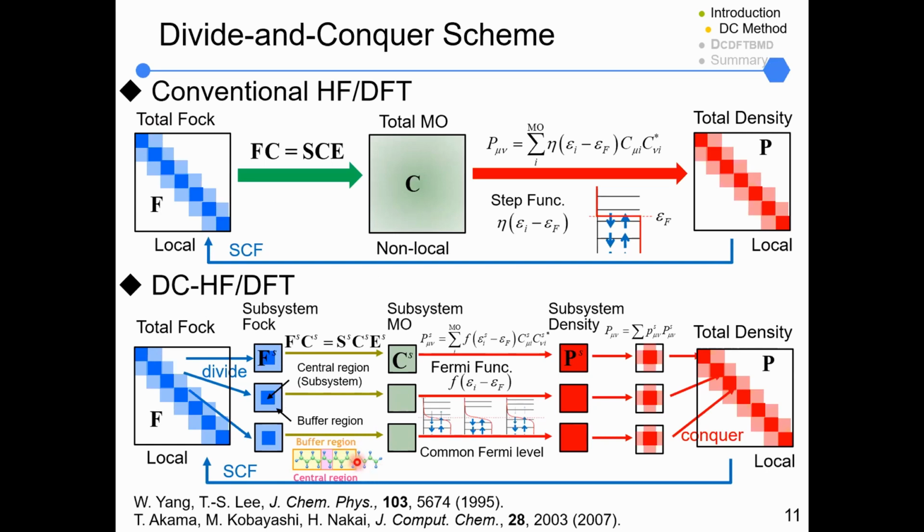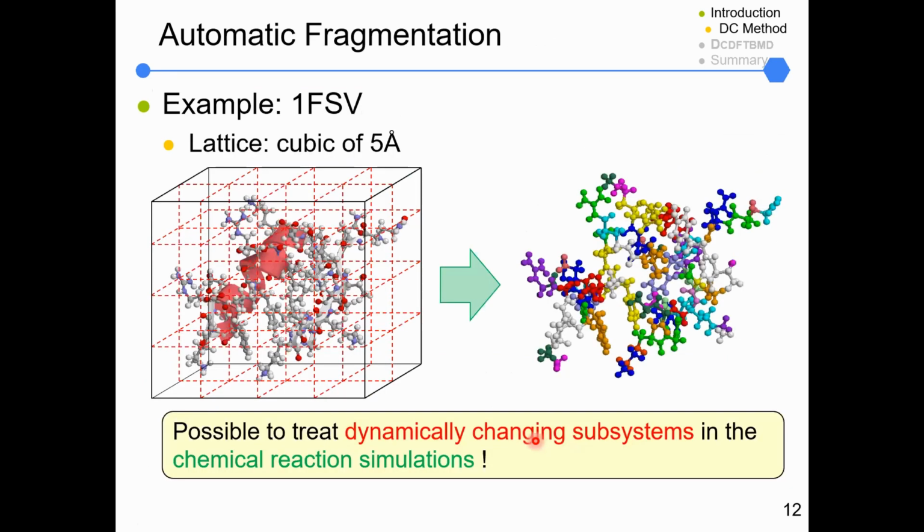An adequate buffer region can reduce the error of the subsystem partitioning. Another feature is to adopt the common Fermi level for all subsystems. By the common Fermi level, electrons and spins of subsystems can be non-integer numbers. Therefore, we can treat delocalized electron systems.